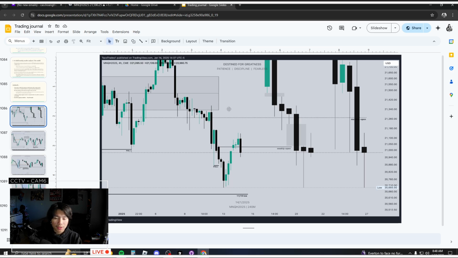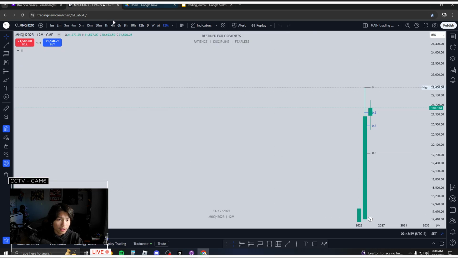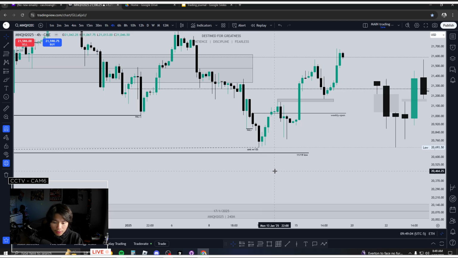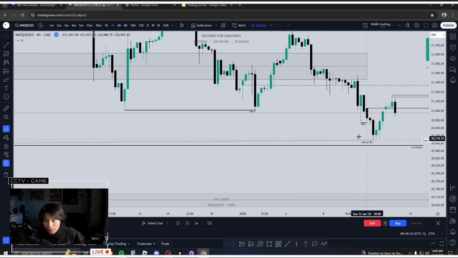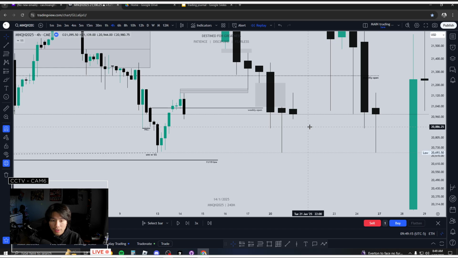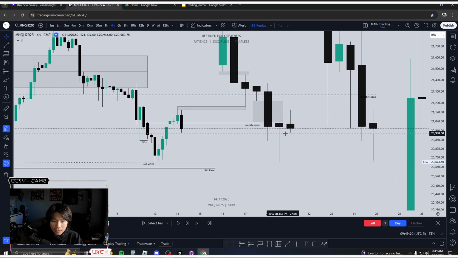In this specific model, my higher time frame coming into today was for us to rebalance this daily inefficiency. If I take a look at it here, January 14th. The daily objective coming into January 14th was that I wanted to see us rebalance this daily fair value gap here.